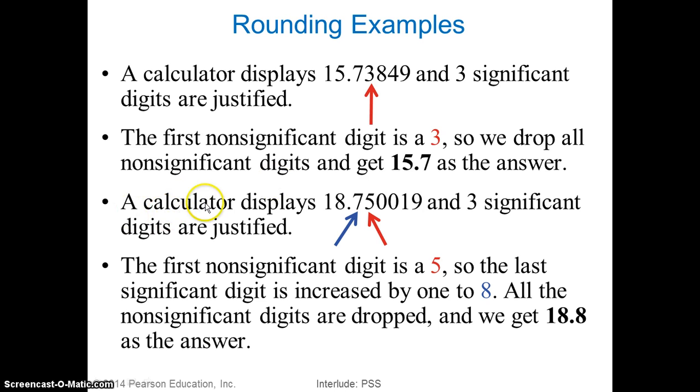Now let's say your calculator displays 18.750019 and we need to round to 3 significant digits. Our three significant digits are 1, 8 and 7. After that we have 5. According to the rule, if the number is 5 or greater than 5, we add 1. So here we have 5, so 7 is increased to 8. Our answer is 18.8. So that's how we can round numbers.